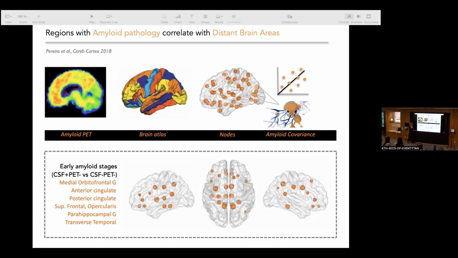So one of the things that we found quite interesting was that in early stages of the disorder, using this pathological network, we already found a lot of changes, highlighted here by all the nodes. And these changes show that there were more direct connections between all the regions you can see here in early stages of the disease.